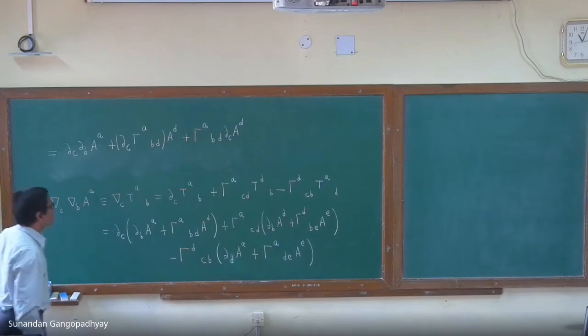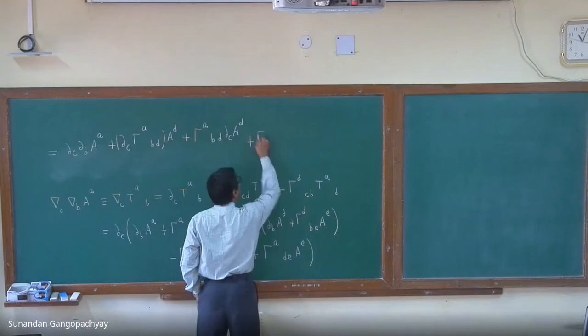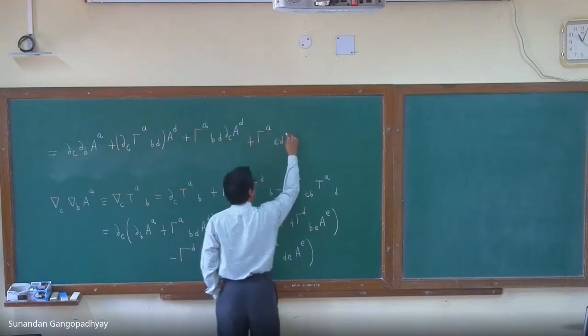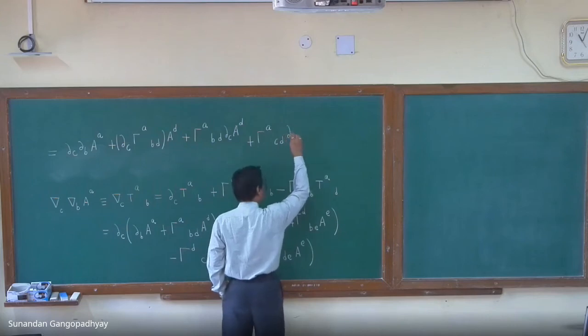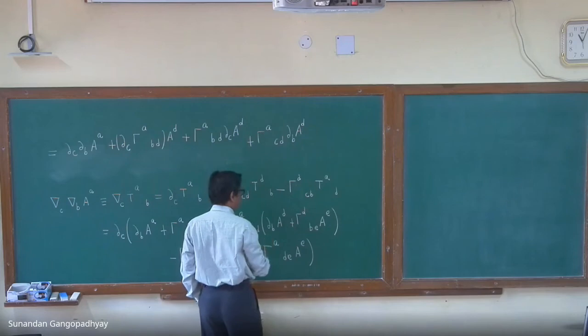Then we will just multiply these things. This will be gamma A CD del B AD, this one.